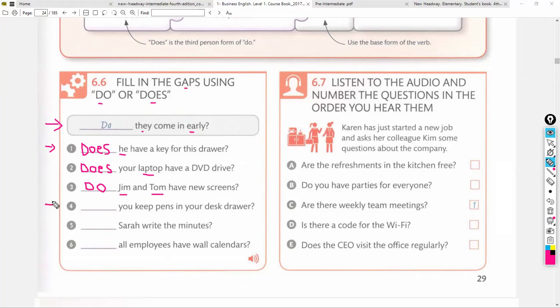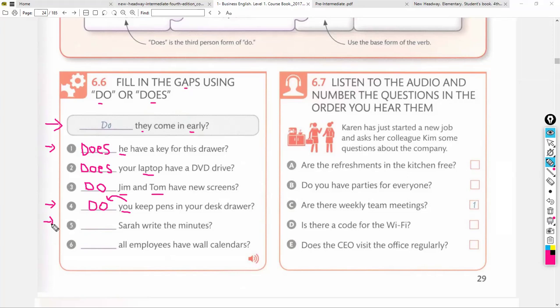Thank you so much. Four, you keep pens in your desk drawer. Do you. Bravo. You takes do. Thank you so much. Five, Sarah write the minutes.